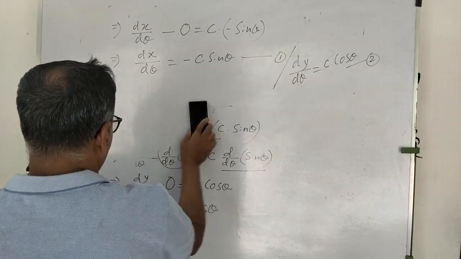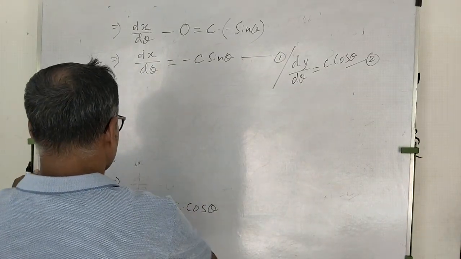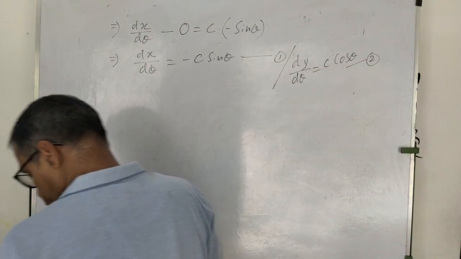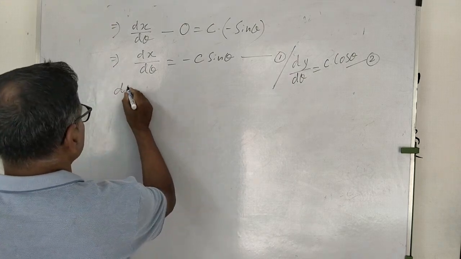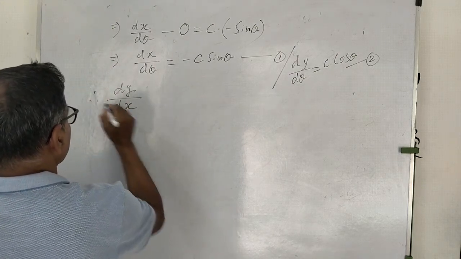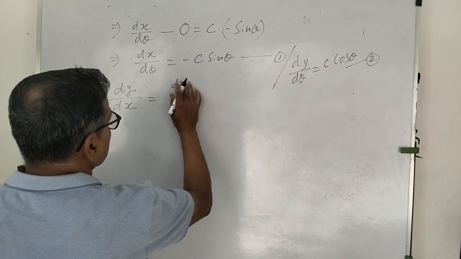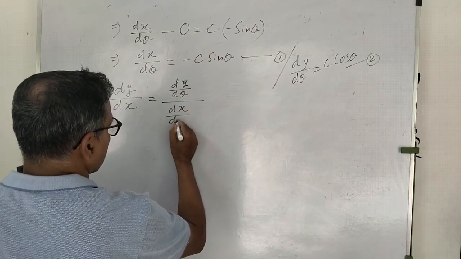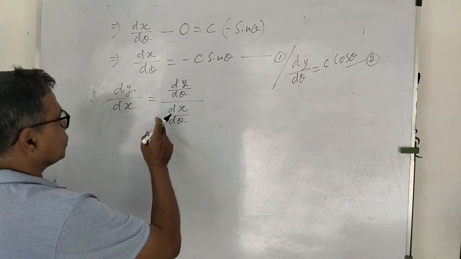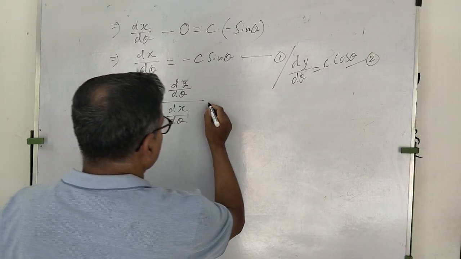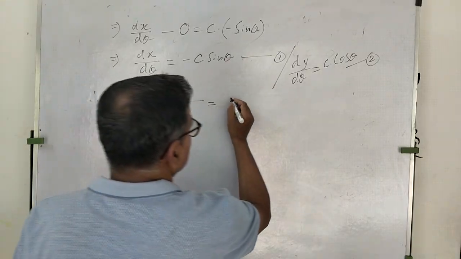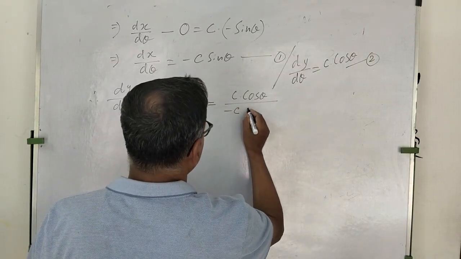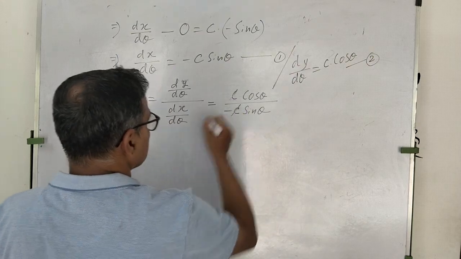Now we find out d²y/dx². So dy/dx equals (dy/dθ) by (dx/dθ). Here dθ will be cancelled, so this will be dy/dx. dy/dθ means c cos θ, and dx/dθ means −c sin θ. c cancels.